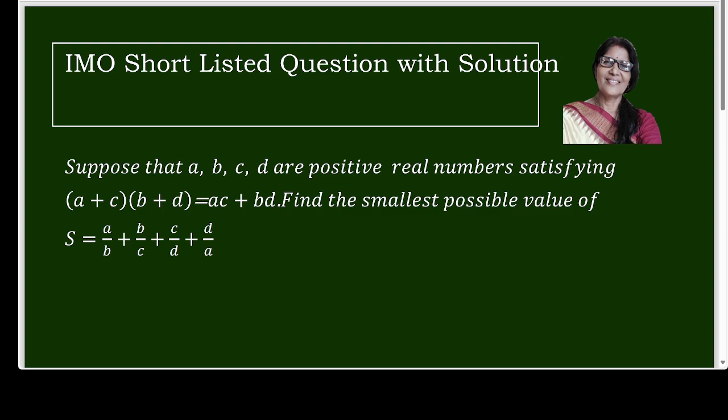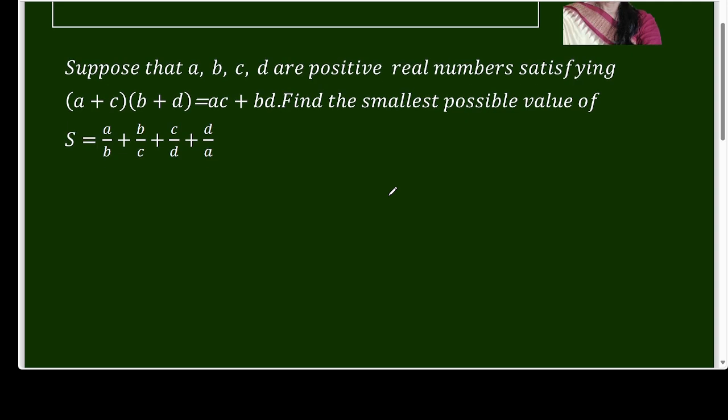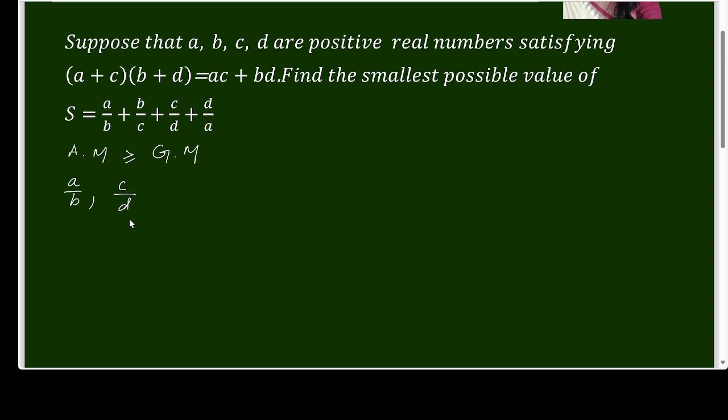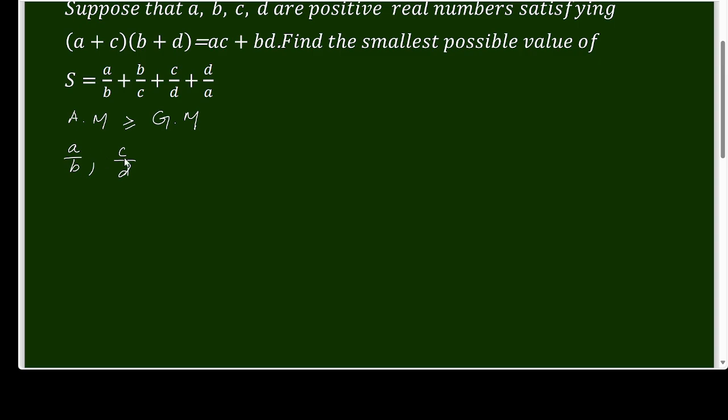So this question I'll prove using the arithmetic and geometric mean concept. We know that the arithmetic mean of numbers is greater than or equal to their geometric mean. So here first I am taking A by B as one number and C by D as another number. Since they are positive real numbers, I can apply this concept.